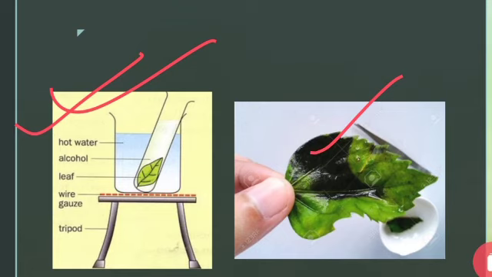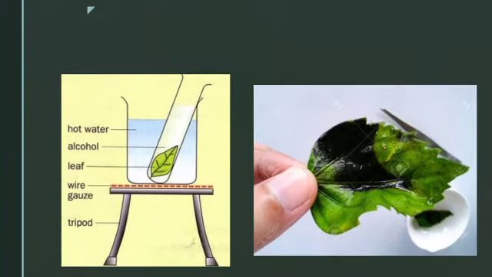Means the plant has produced starch, or it has produced glucose that has been turned into starch, and that gives you the blue black coloration. Hence we can conclude that plants produce starch in the process of photosynthesis.